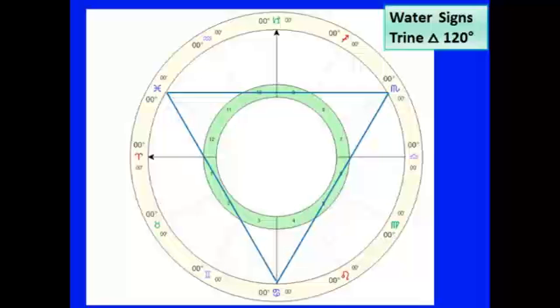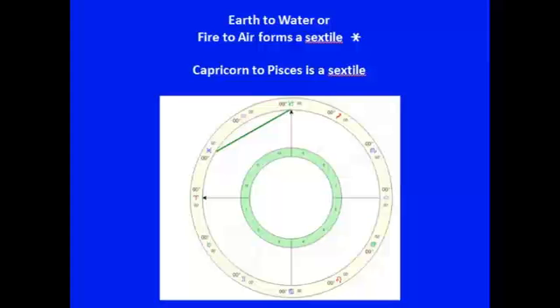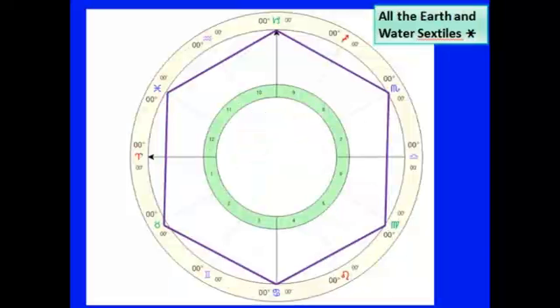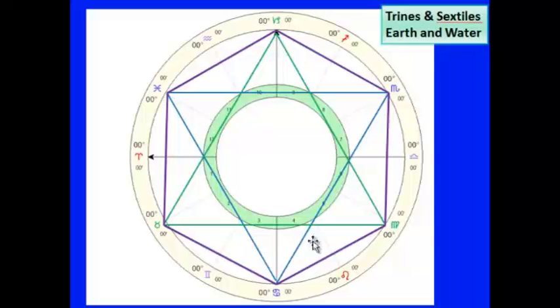And then again the sextile, and we've talked about this already, but from 0 Capricorn to 0 Pisces, from an earth sign to a water sign is 60 degrees, and that forms a sextile. If you put all of the signs in and draw in the sextiles, you will have earth and water, and it would form the grand trine.